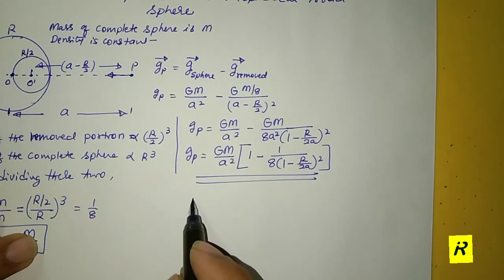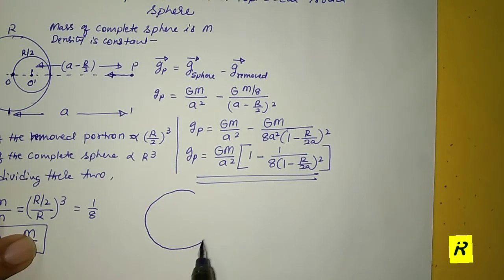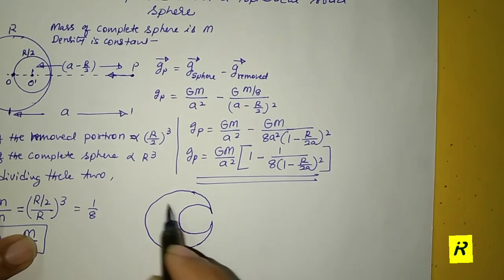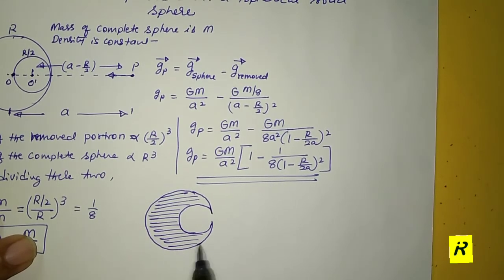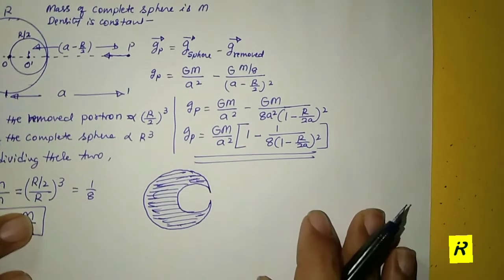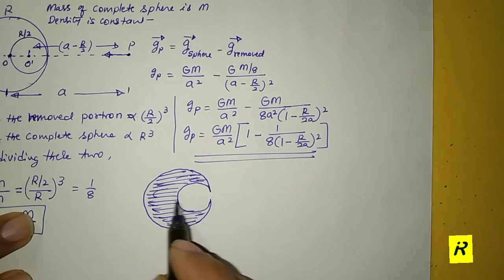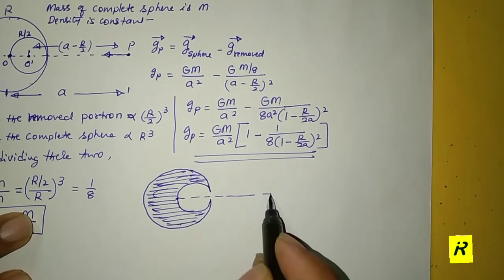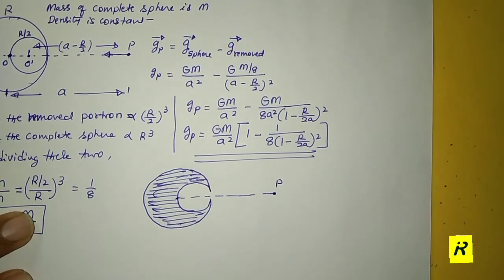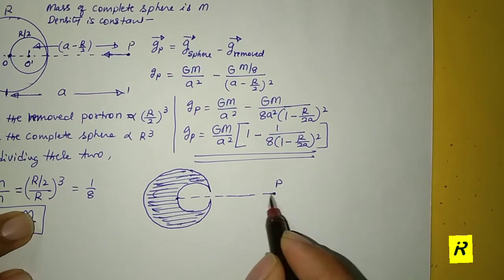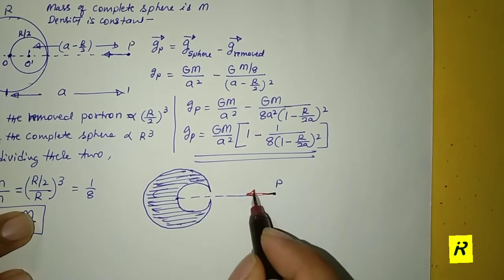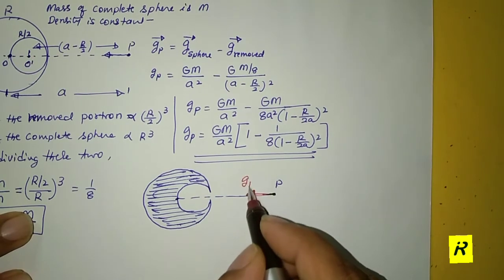That is to say, if this is the complete sphere, and when we remove this much mass, only this much mass is remaining, whose shape is something like this, it's the cavity, and the line of action is here, so here is the point P, and now the acceleration due to gravity due to this sphere with cavity is acting in this direction, this is Gp.